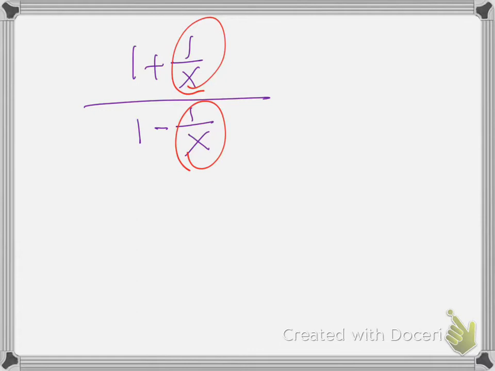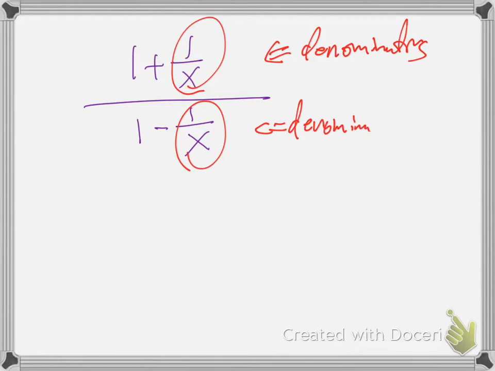So we look at all the denominators in these big fractions. We look at the denominators on top and the denominators in the bottom, and then we find the LCD of all of these denominators.